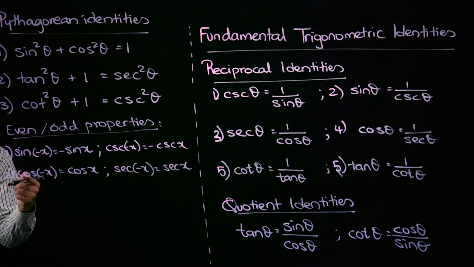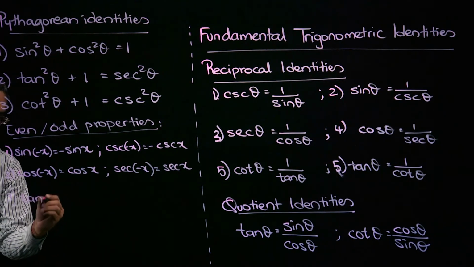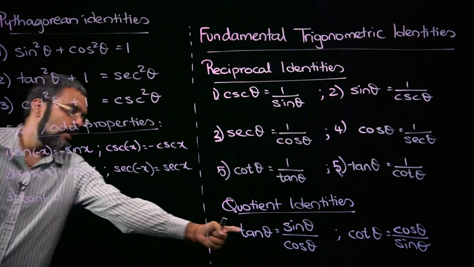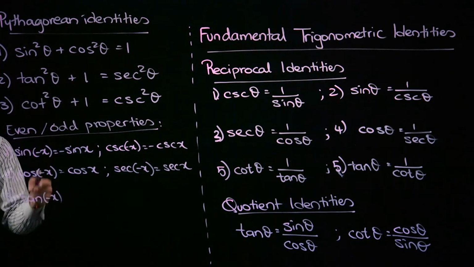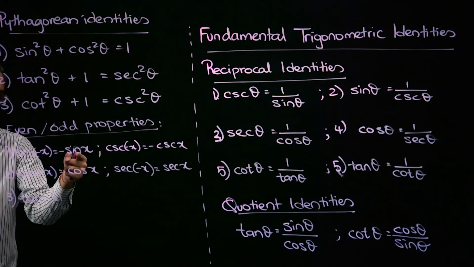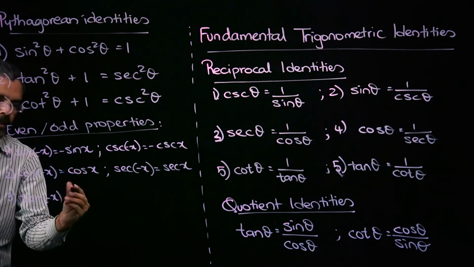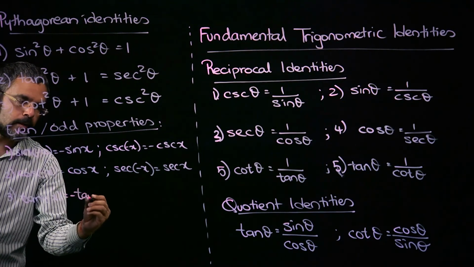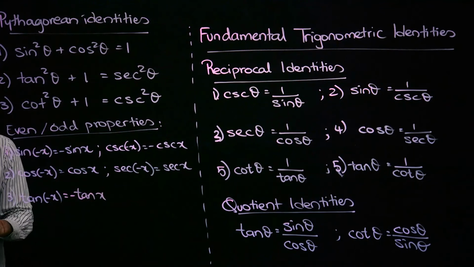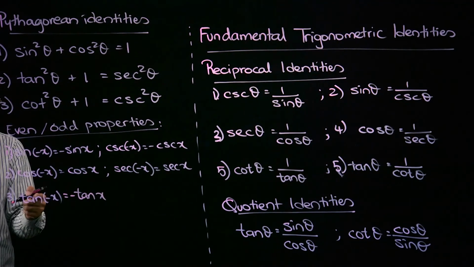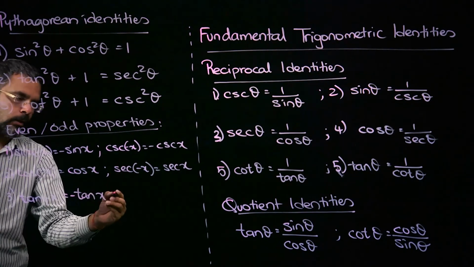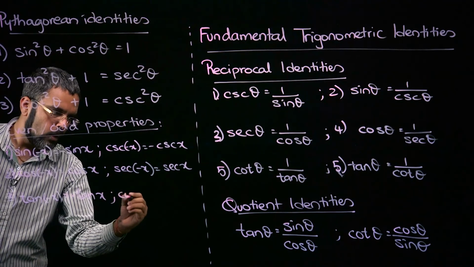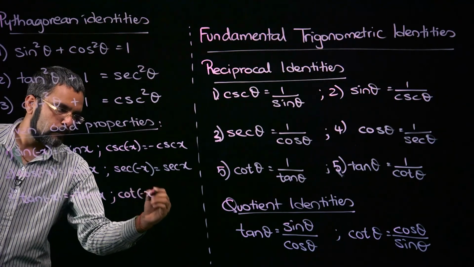If I divide sine of negative x over cosine of negative x, I'm going to get tan of negative x, right? Because remember, tan was sine over cosine. That makes negative sine x over cosine x equal to negative tan x, which makes tan also an odd function, right? So sine and tan are odd functions, which makes cosecant and cotangent also odd functions.